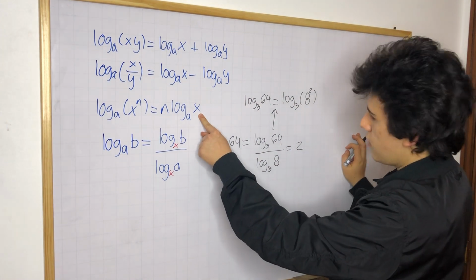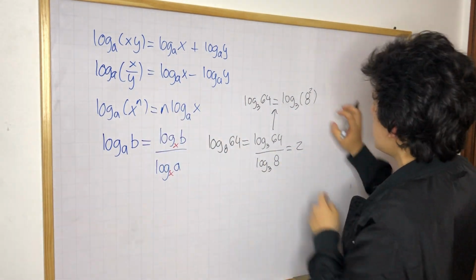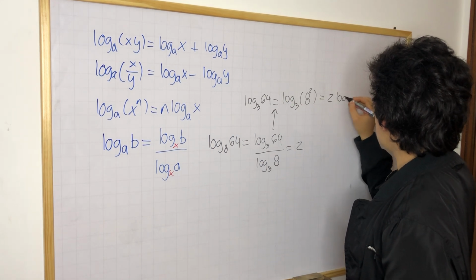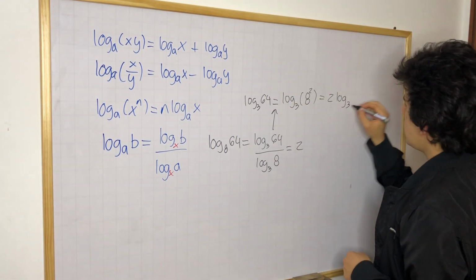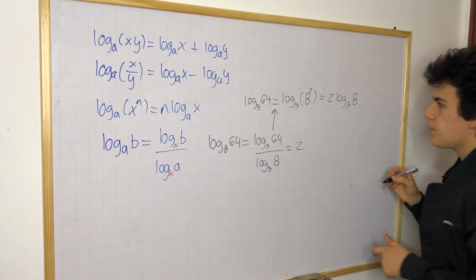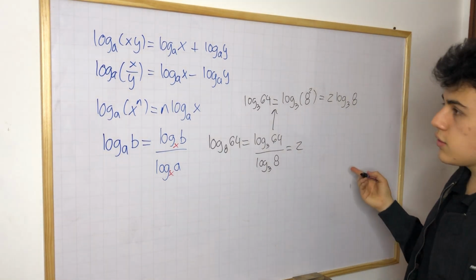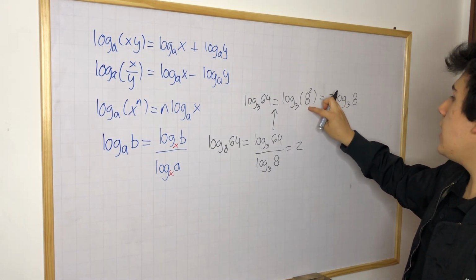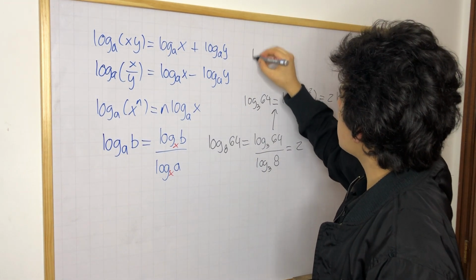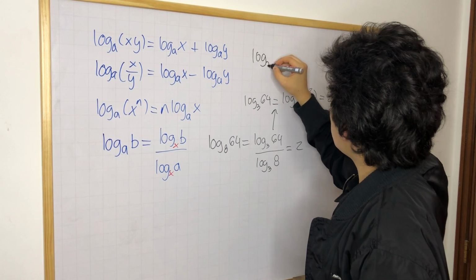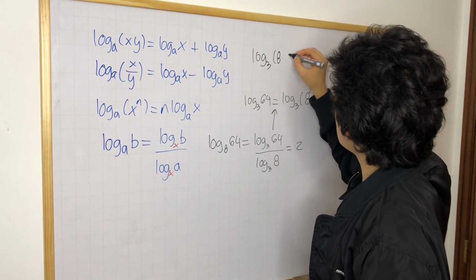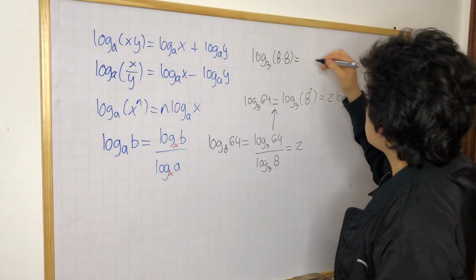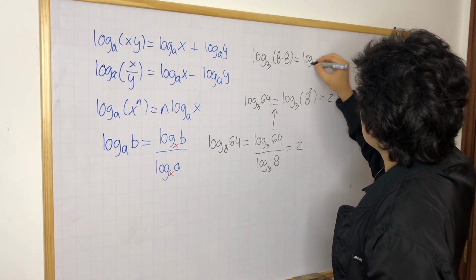Now, let's use this rule. You see that we have x to the n, 8 squared. So this is the same as if you did 2 times log base 3 of 8, okay? Now, this equation is also true. Now, we know, for instance, that log 8 squared, now I'm going to write this again over here, log base 3 of 8 times 8. If we use this rule right there, well, we know this is simply going to be log base 3.